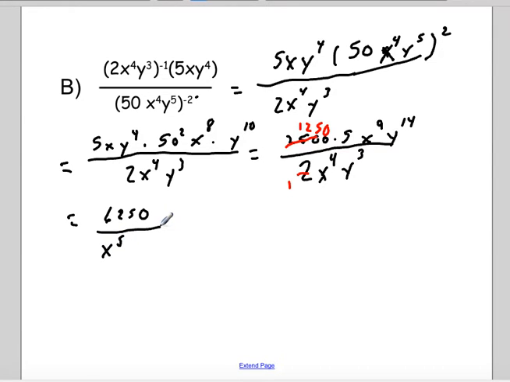And with the y's there, y to the 14th divided by y to the 3rd, I'm going to go ahead and subtract my powers there, and there's more of them at the top, so my answer is going to stay at the top. Sorry about those bells. Y to the 11th up there. So all we end up getting is 6,250 y to the 11th all over x to the 5th.